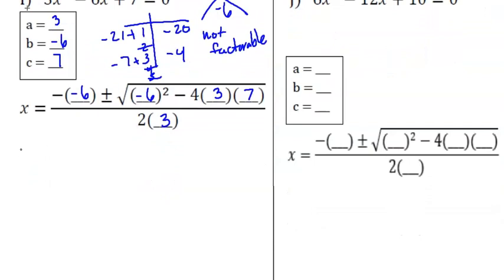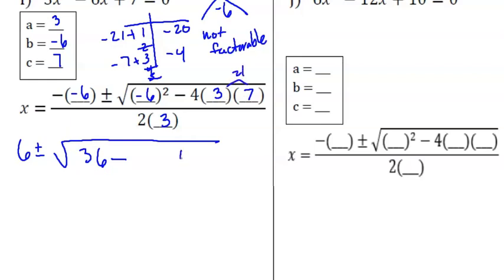Let's reduce this a little bit. We have 6 plus or minus the square root of 36 minus, so that's 21, 21 times 4, 84, all over 6.